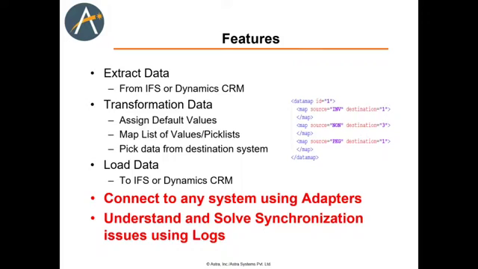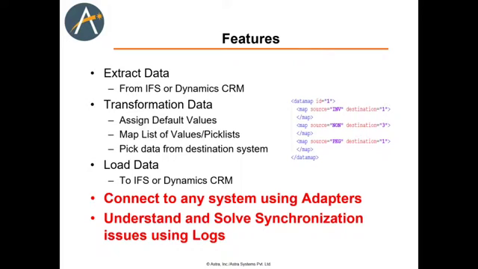We could also do transformations if you have a certain value in a pick list, and when you're moving that into a destination system, it may be called differently, right?